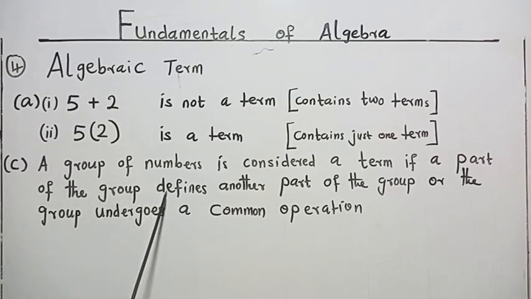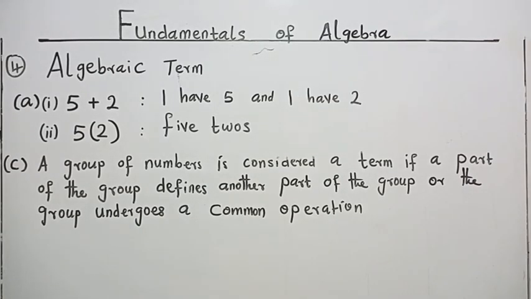We now see which of them first is a group that contains a portion that defines another portion of the same group. Let's find out. Please permit me to interpret this and this. Now look at their interpretations. The first one is that 5 plus 2 is: I have 5 and I have 2.